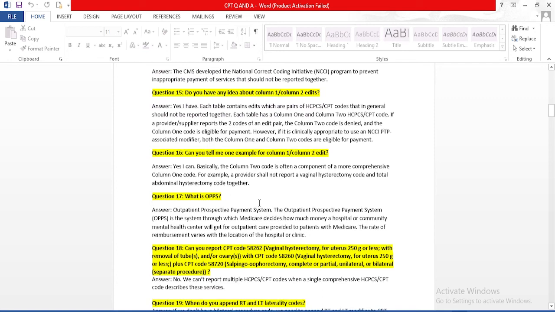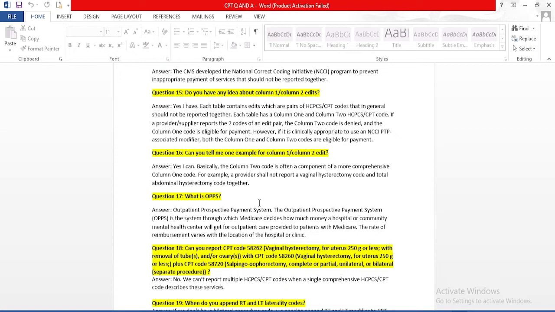Next one, do you have any idea about column 1 and column 2 edits? Yes, I have. Each table contains edits which are pairs of HCPCS or CPT codes that in general should not be reported together. Each table has a column 1 and column 2 HCPCS or CPT code.